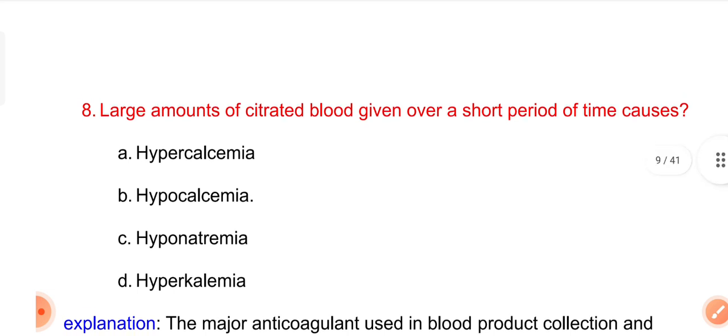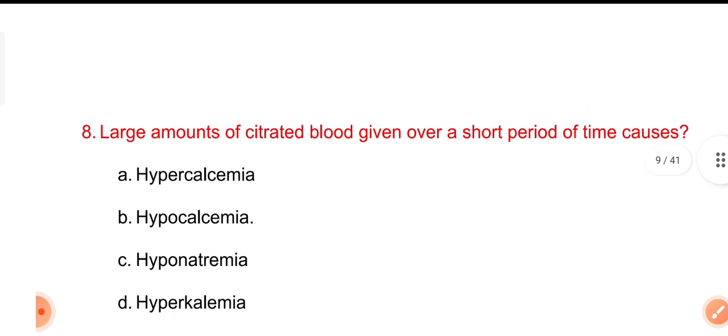The next question is: a large amount of citrated blood given over a short period of time causes what? When we give citrated blood to the patient in a short time, what will happen in the patient?